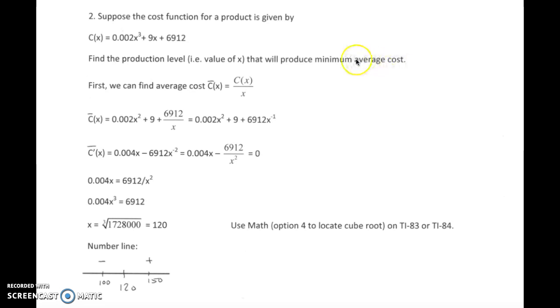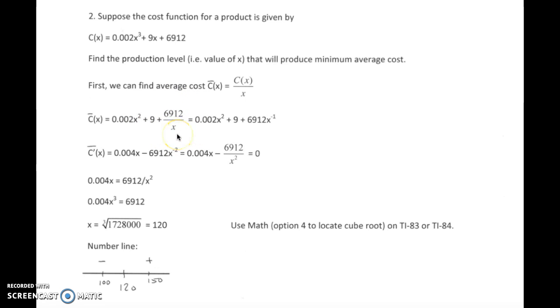So first of all, remember they're talking minimum average cost. And you did this in your discussion before. And what we're going to go ahead and do is get our average cost. Remember, we have to take our cost function divided by x first. So when we go ahead and do that, we end up now with a quadratic, all right, and a fraction at the end.